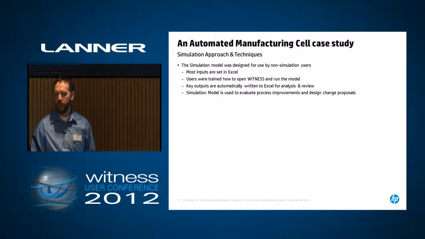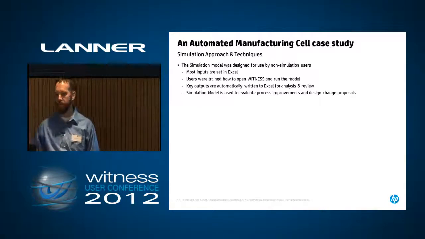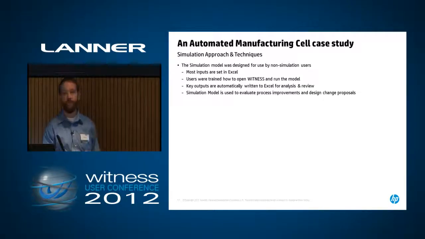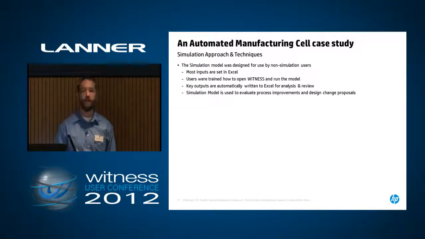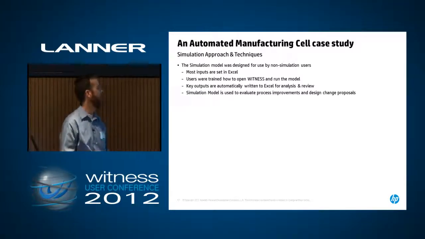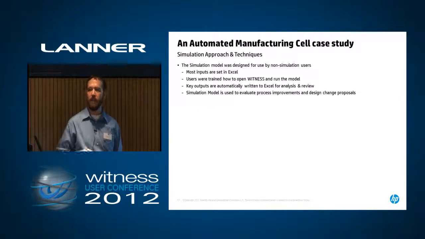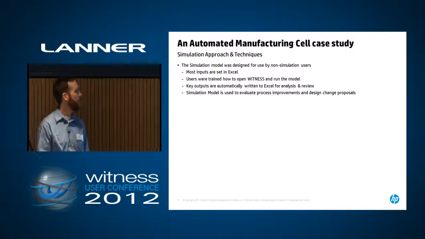So I'm going to shift gears a little bit and talk about some of the approach and techniques I used. First of all, I designed this simulation model for use by non-simulation users or non-simulation experts. So I kept most of the inputs set in Excel, and all the key outputs and the charts and that sort of thing are all automatically written back to Excel.